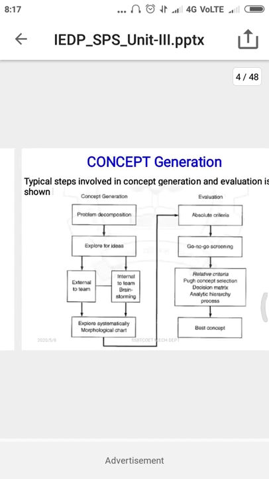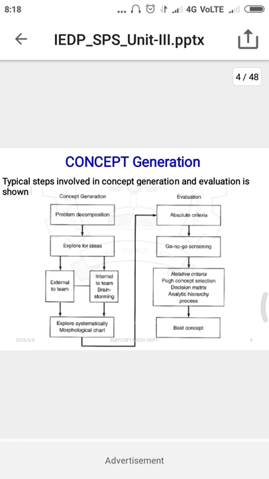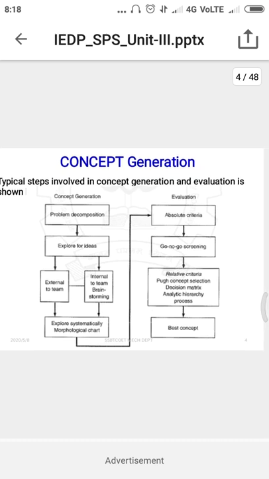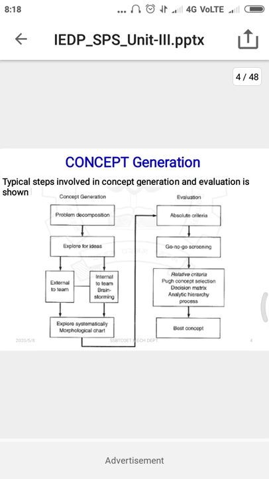So, the typical steps involved in concept generation and evaluation are as follows: problem decomposition, explore for ideas, which may be external or internal, then explore systematically using a morphological chart, then evaluation.